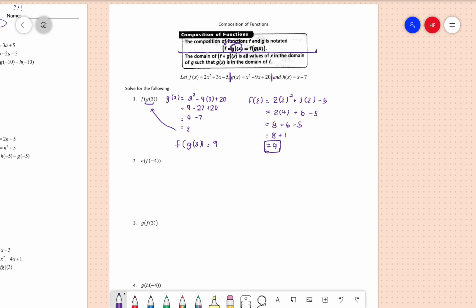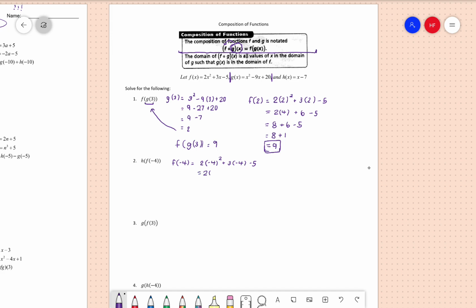Now let's try it with h of f of negative 4. So we work from the outside in. So f of negative 4 we do first. So negative 4 plugged in wherever we see x. So 2 times negative 4 squared plus 3 times negative 4 minus 5. Negative 4 squared is a positive 16.